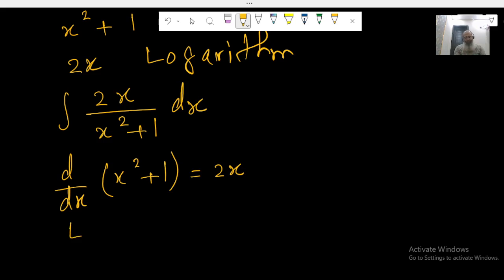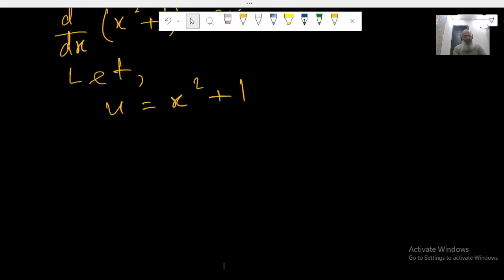Here, let u be equal to x squared plus 1, and then take the derivative: du is equal to 2x dx.